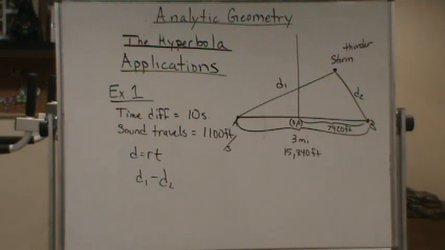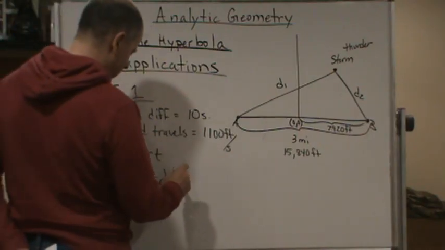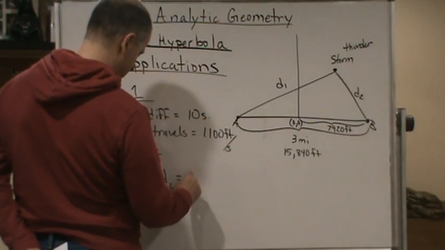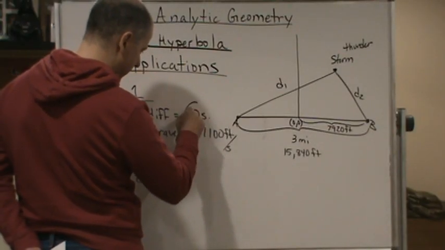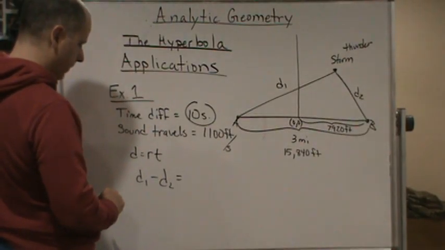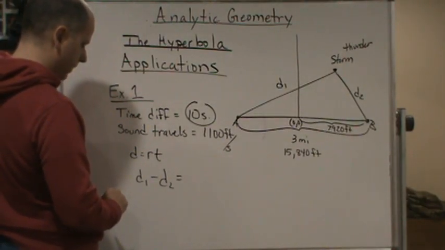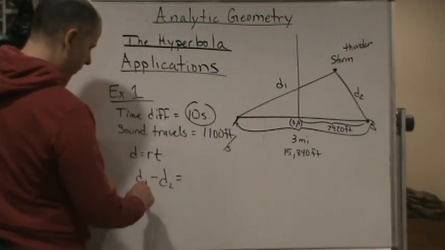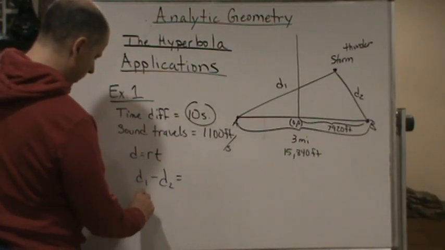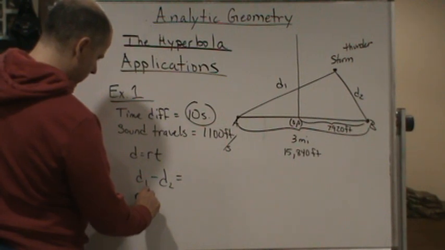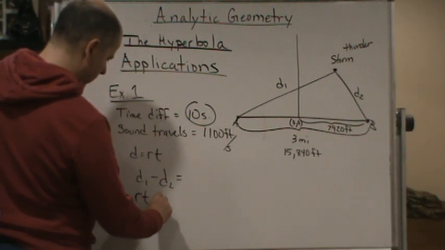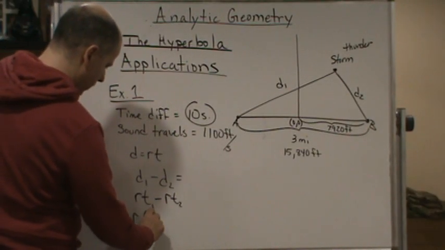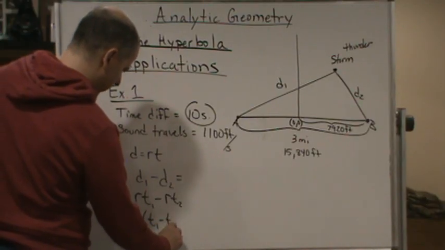So what do we get? Well, that's going to equal the 10-second difference. Because if we do this, rate times T1 minus rate times T2, we get rate times T1 minus T2. That's the time difference.